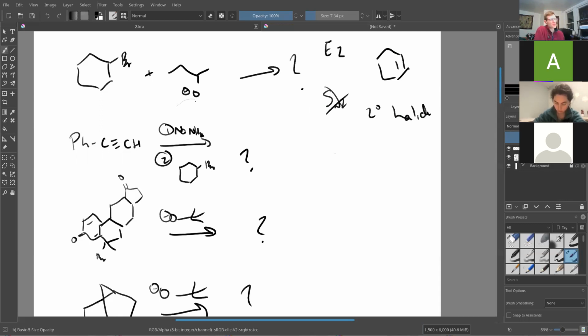This base is also on the edge of being kind of bulky, which isn't great either. If it was a primary halide, this might actually be SN2. Sorry, this is E2. I might have misspoke there for a moment.